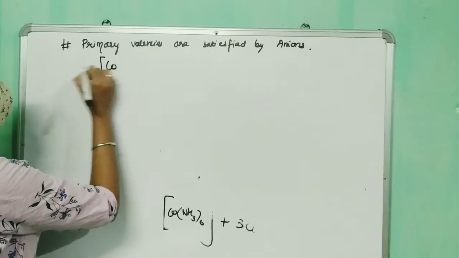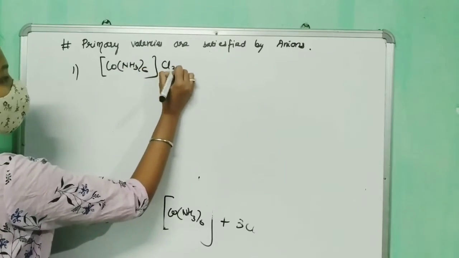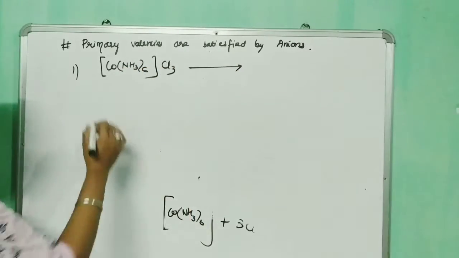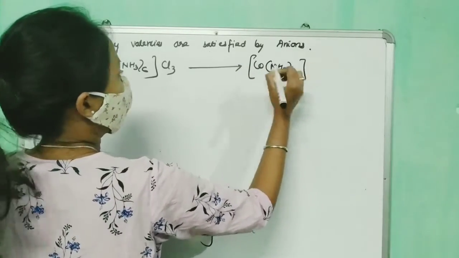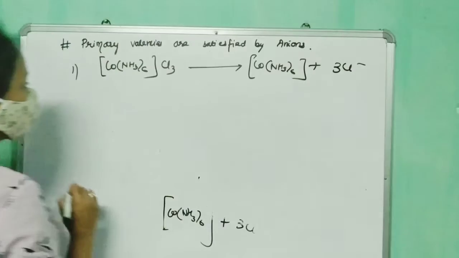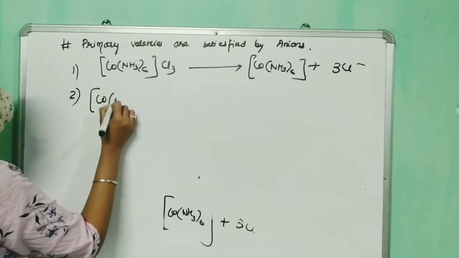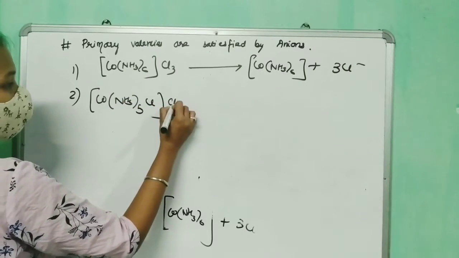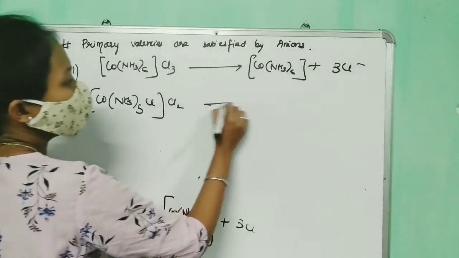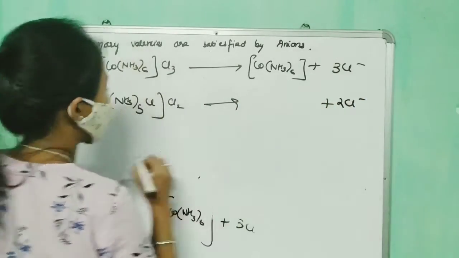The first complex I'm taking is cobalt with 6 ammonia and chlorine outside. If we put it in aqueous solution, this will remain as such and we'll get 3 chloride anions. In the next one, if I replace 1 ammonia with chlorine, 2 chlorine remain outside, so 2 chlorine are ionizable.